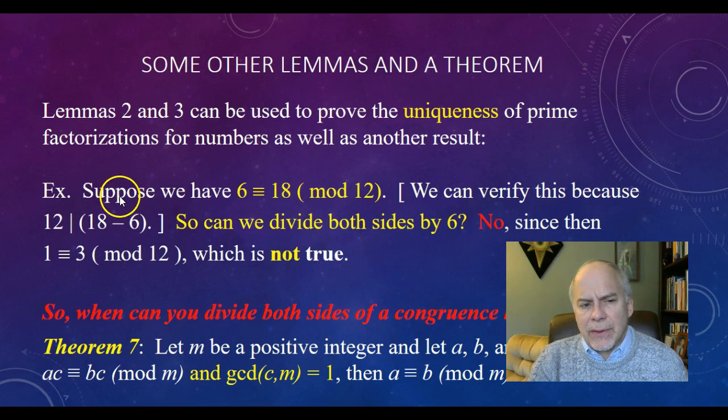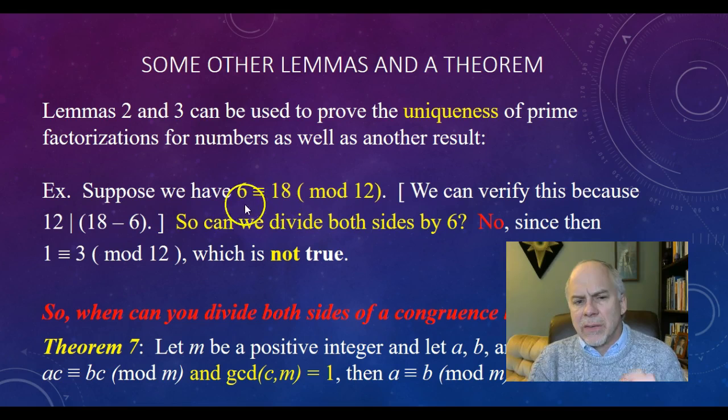So suppose we have the congruence 6 is congruent to 18 mod 12. Now we know that that's true because 12 does divide into the difference of 18 and 6. 18 minus 6 is 12, and 12 divides into 12. So we know that 6 is congruent to 18 mod 12.